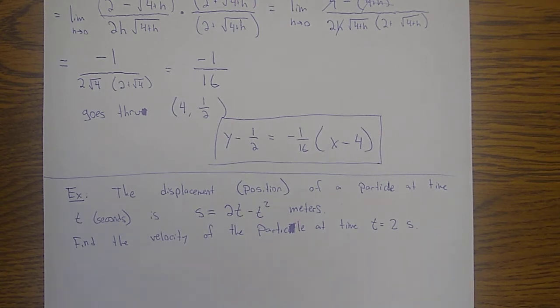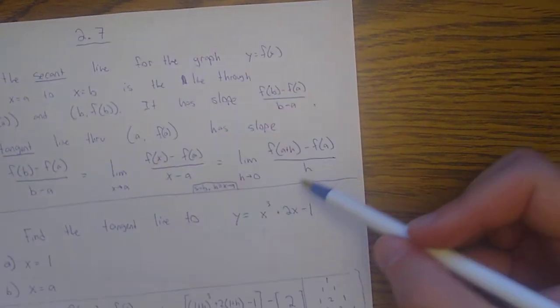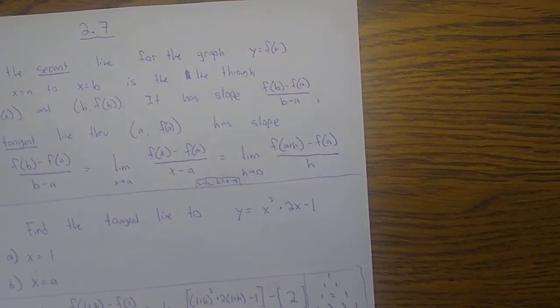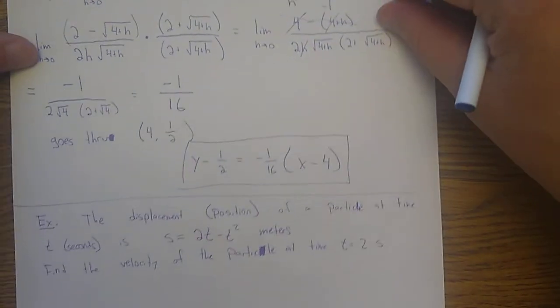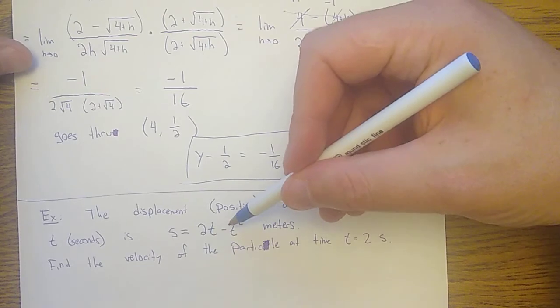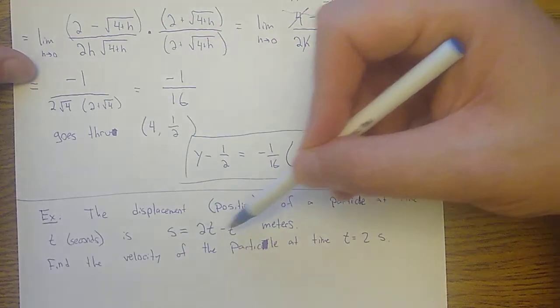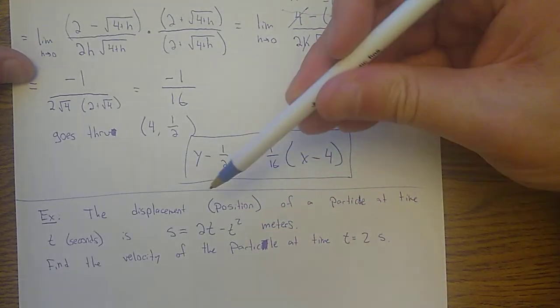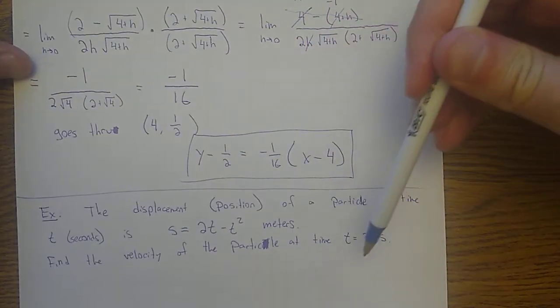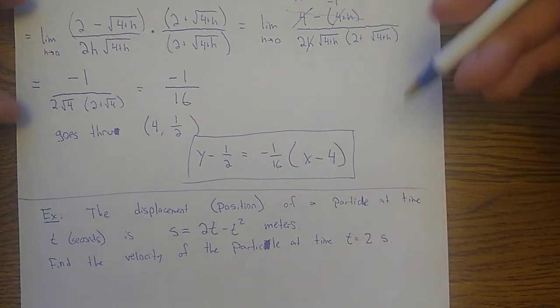But in any case, the velocity is just the derivative of the displacement, where derivative is referring to one of these limits. It's like a slope of a tangent line. So as far as what you need to know to do a question like this, you're going to be given the displacement of a particle, and this is some formula in terms of t, and then you may be asked to find the velocity of that particle at a particular value of t.